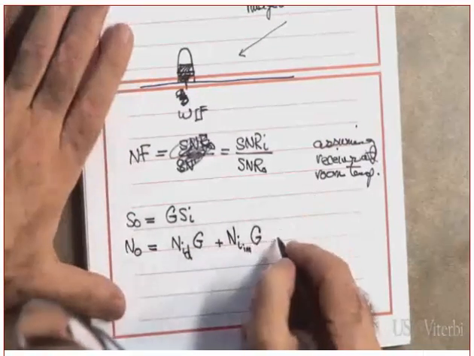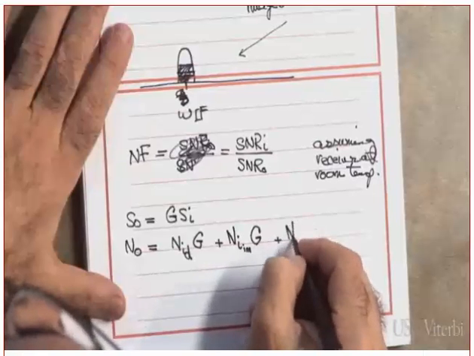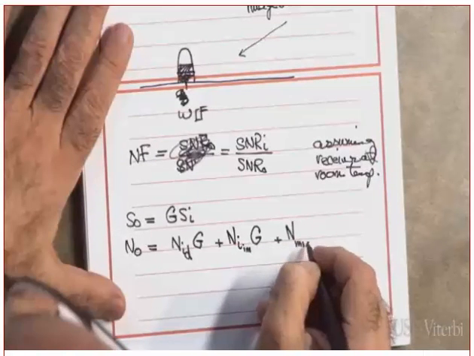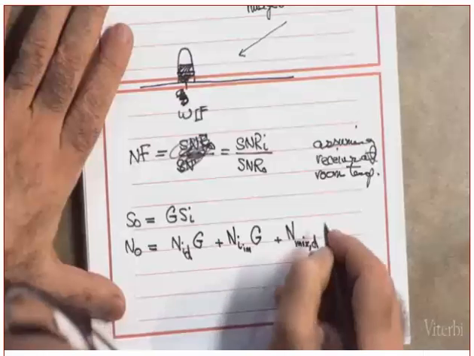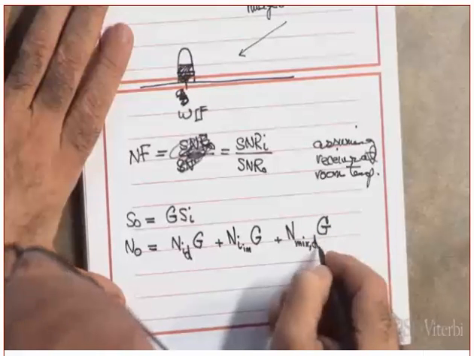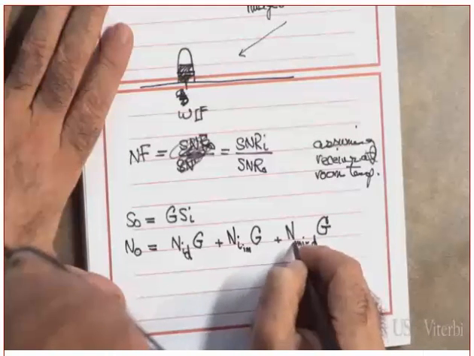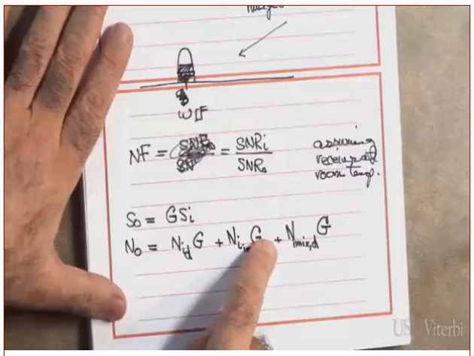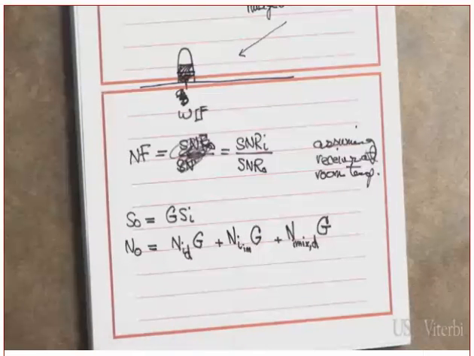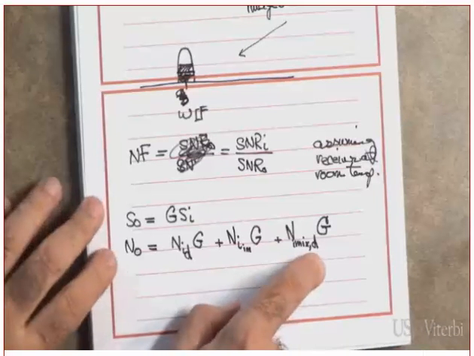Okay, what is this now? N_mix,D times G. Sorry, N_mix,I. There is an I. What does this mean? This is the internal noise generated by the mixer referred to the input in which band?